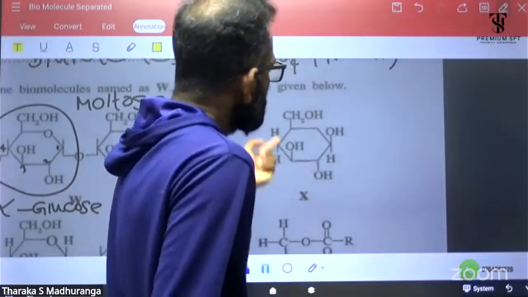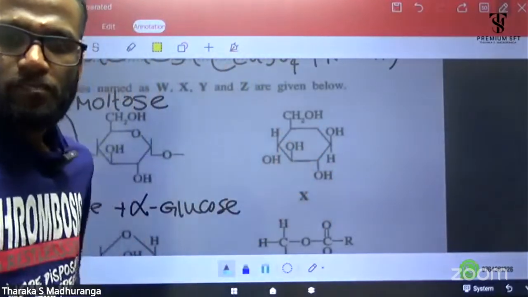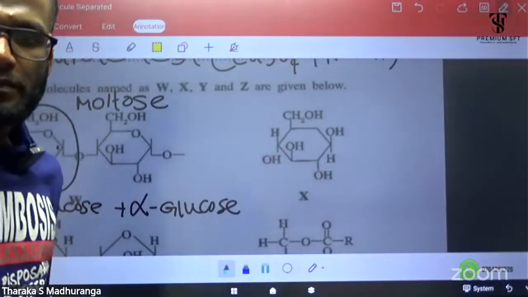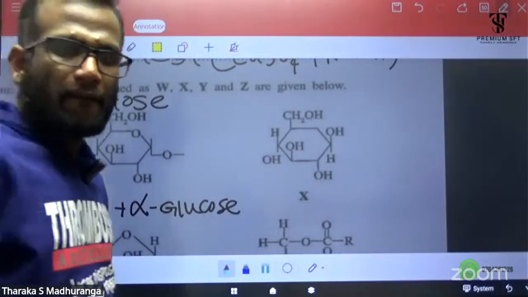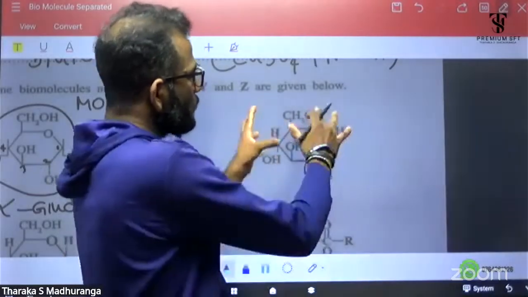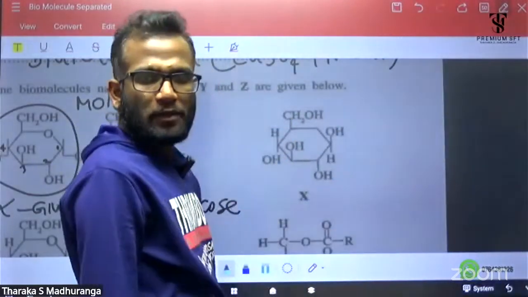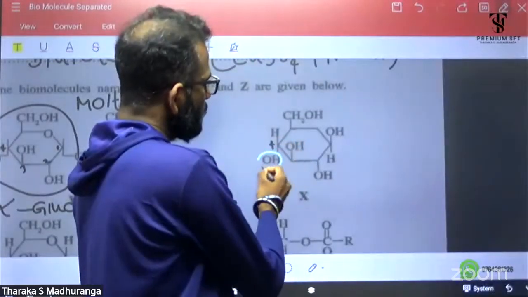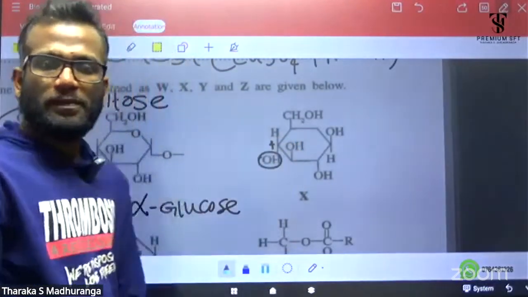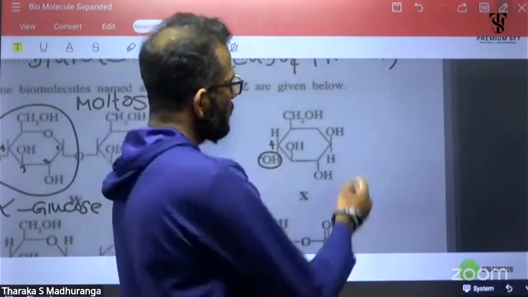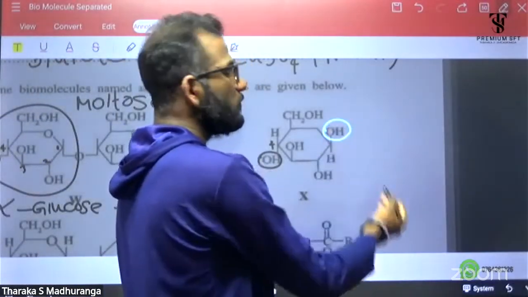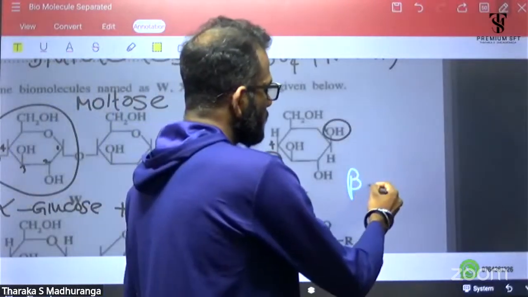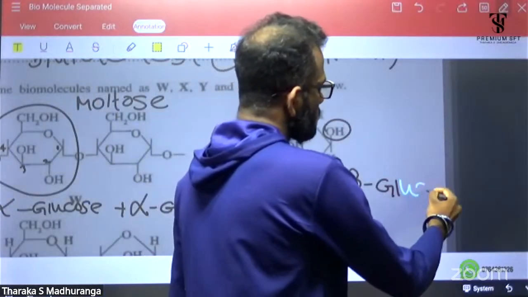What is this? Now, is it glucose or galactose? Hexagon shape, no? Now you can check the fourth carbon. It is OH downward. OH downward means glucose. Now OH upward in the first carbon. It is beta. Beta glucose. It is a monosaccharide.